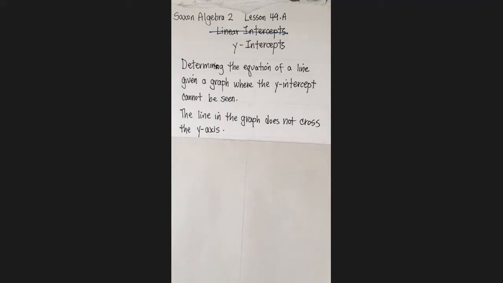They will never meet the y-axis no matter how long they are, but every other kind of line crosses the y-axis at some point. So why do we have a graph where the line does not cross the y-axis? It's because the line is too steep.